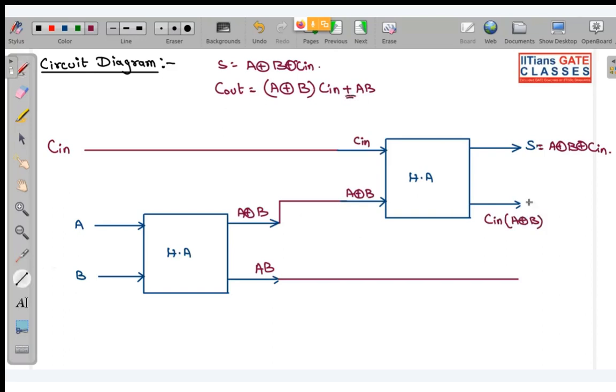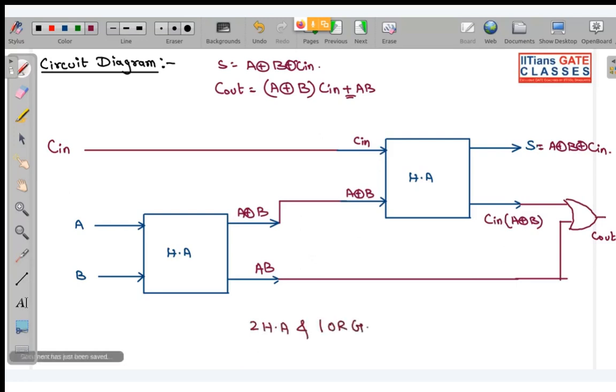So I need to place one OR gate over here. So this will be your Cout, where Cout is (A XOR B) Cin plus AB. So you can see Cin (A XOR B) and AB is coming. So you can implement the circuit using two half adders and one OR gate.